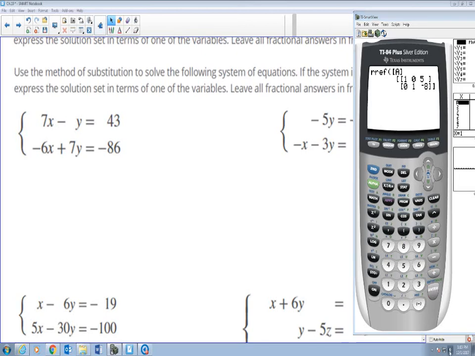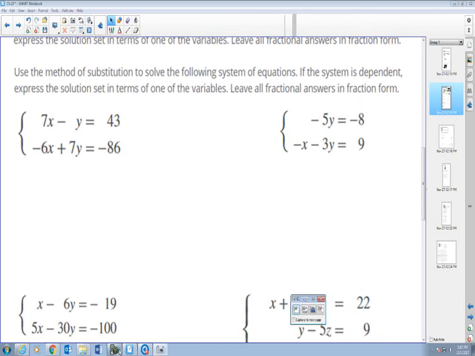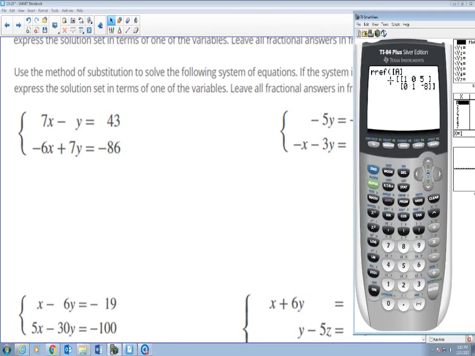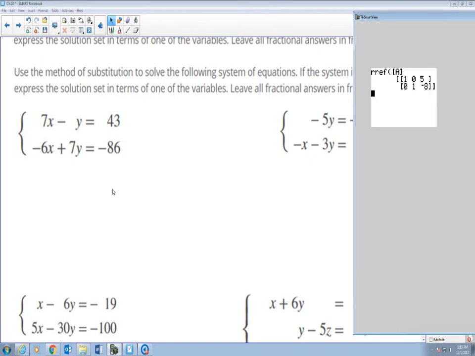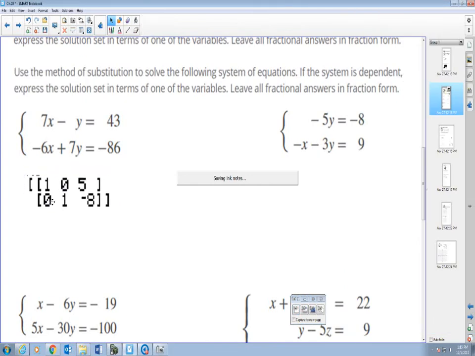So this answer demonstrates the diagonal entries are 1, everybody else are 0. So you read this as 1x plus 0y equal to 5.